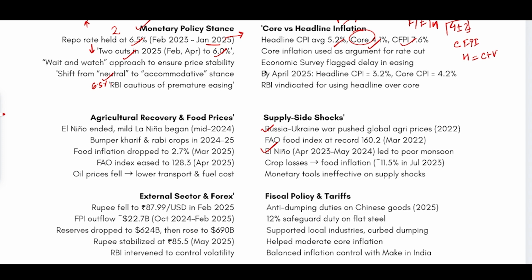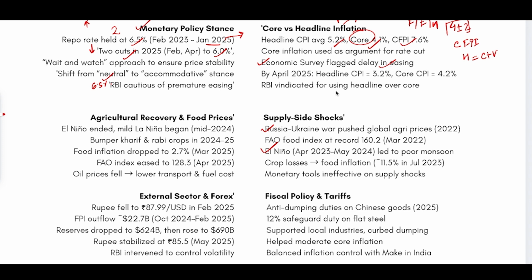In fact, the Economic Survey of 2023-24 questioned the RBI's delay in cutting rates, noting that an anticipated easing of monetary policy had been delayed even though core inflation had fallen to just 3.1% by June 2024. So you can see, even from government quarters, pressure was being put on the RBI to cut rates.